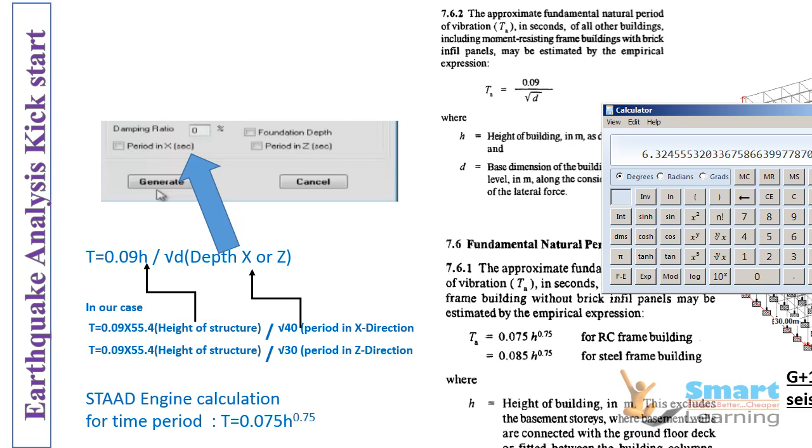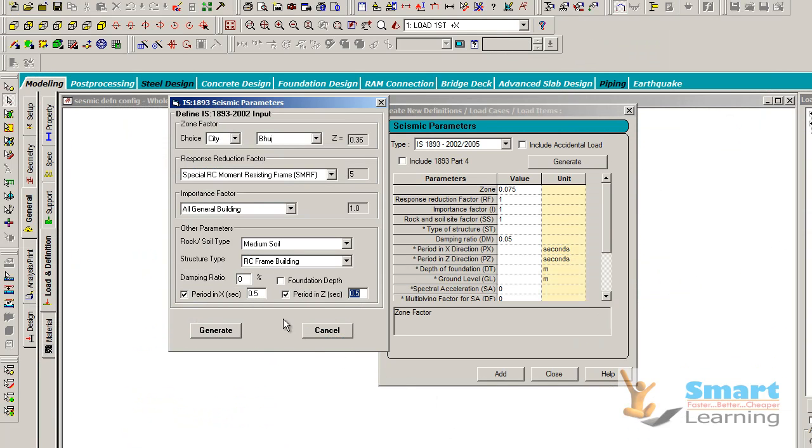Then I'll go for 1 by x, because this is below, multiplied by 0.09, then again multiply this by the height of the structure, that is 55.4 meter. So I am getting 0.788.